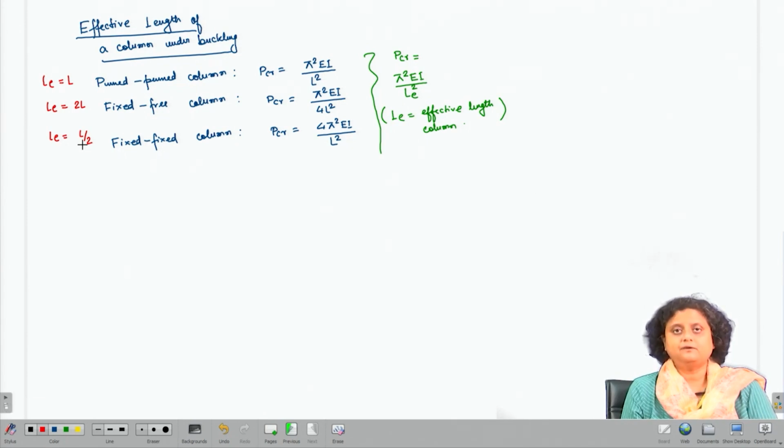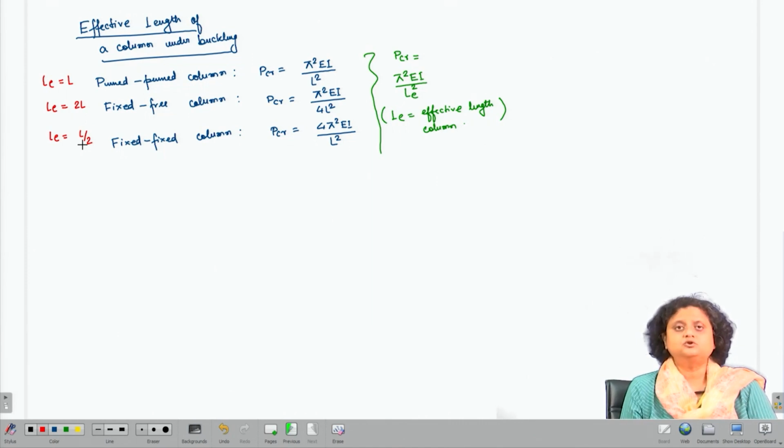Now, in theory, it is precisely known what the boundary conditions are, but in practice, it is very difficult to tell accurately, because if you try to make it a fixed column, there might be some manufacturing or building error by which we do not get complete fixity at one end, and there is some amount of non-constraint at the fixed end.